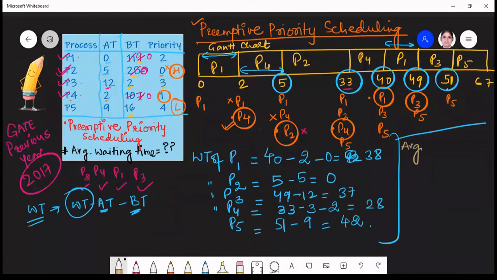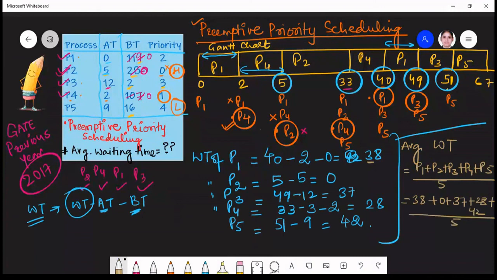Now let's find out the average waiting time. Sorry, not average turnaround, average waiting time. The average waiting time is equal to the waiting time of P1 plus P2 plus P3 plus P4 plus P5, divided by the number of processes, that is 5. So just add these terms: 38 plus 0 plus 37 plus 28 plus 42, upon 5.